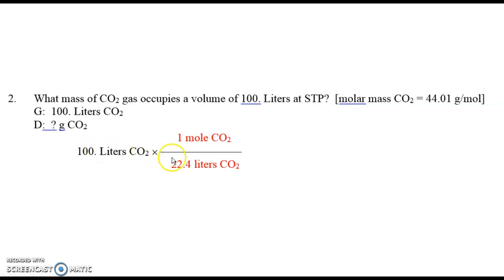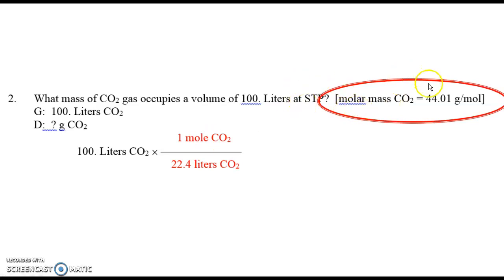So we take our liters here, put liters on bottom because we want to cancel it out. And remember that 22.4 liters of any gas equals 1 mole of that gas. And the nice thing is we gave you that from the periodic table. We took 16 times 2 plus 12.01 to equal 44.01. I'm sure you remember doing that.